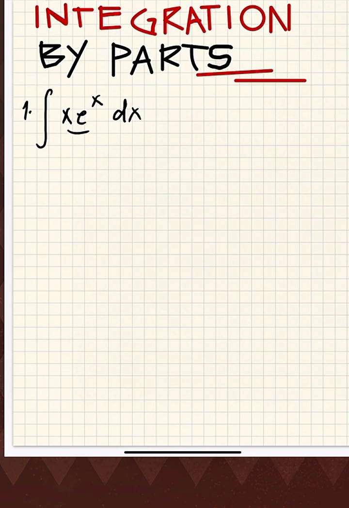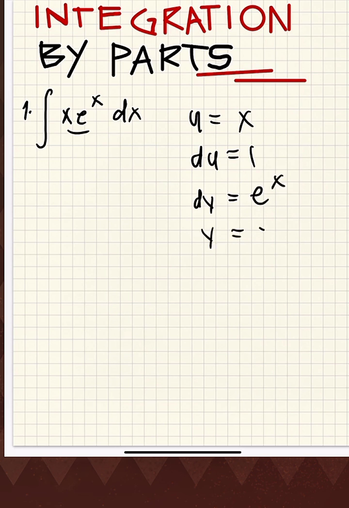So u is x, whose derivative is 1, and our dv is e raised to x, and its antiderivative is e raised to x, so it's the same.